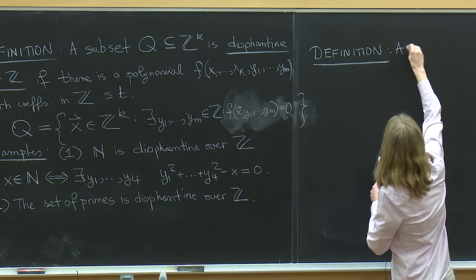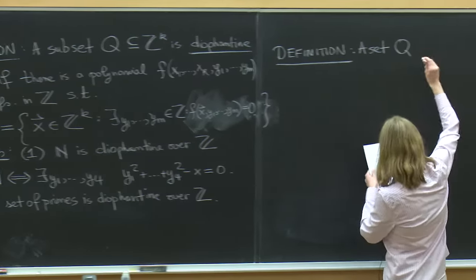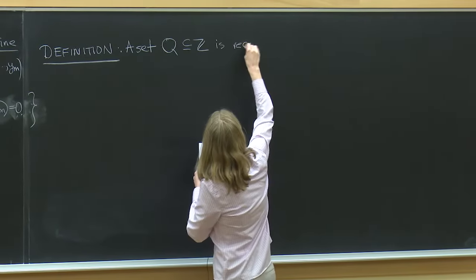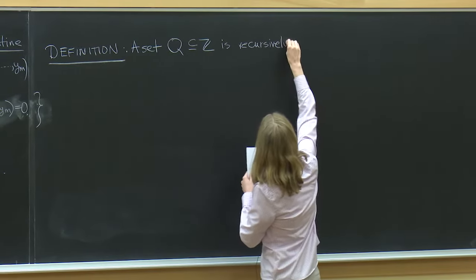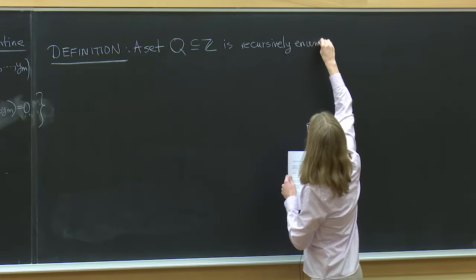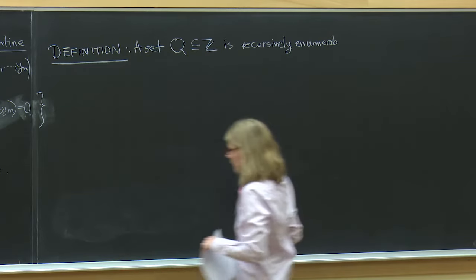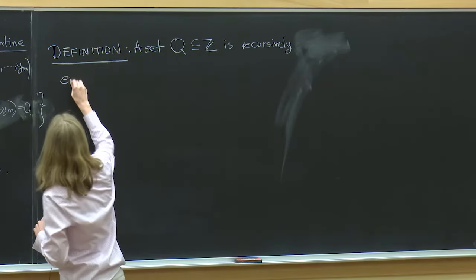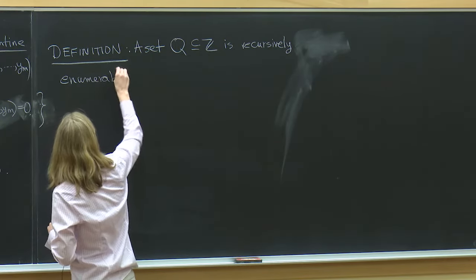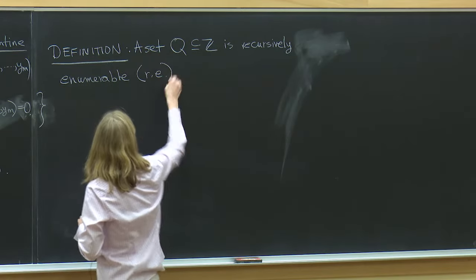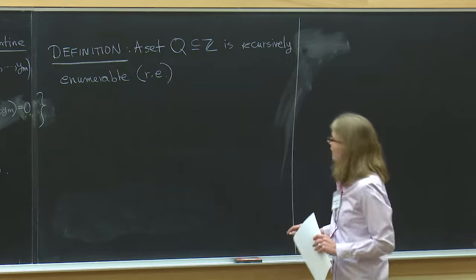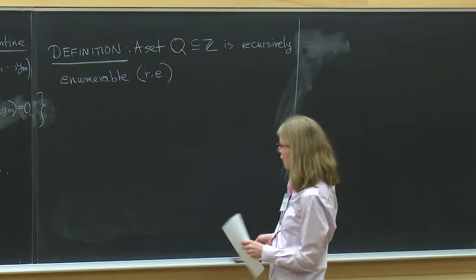A set Q is recursively enumerable, or RE, or sometimes people use computable, which is more preferred by logicians or recursion theorists.